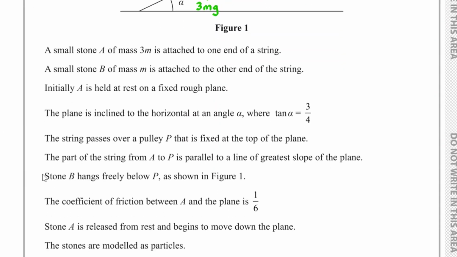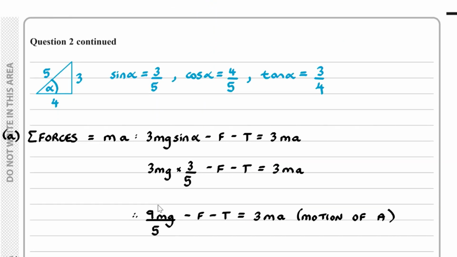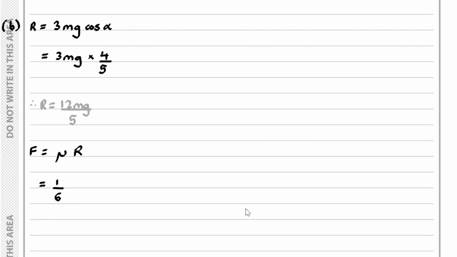Of course, we were told that the coefficient of friction is 1/6. And then we will multiply this by R, which is 12mg over 5, from which we can conclude F is equal to 2mg over 5.